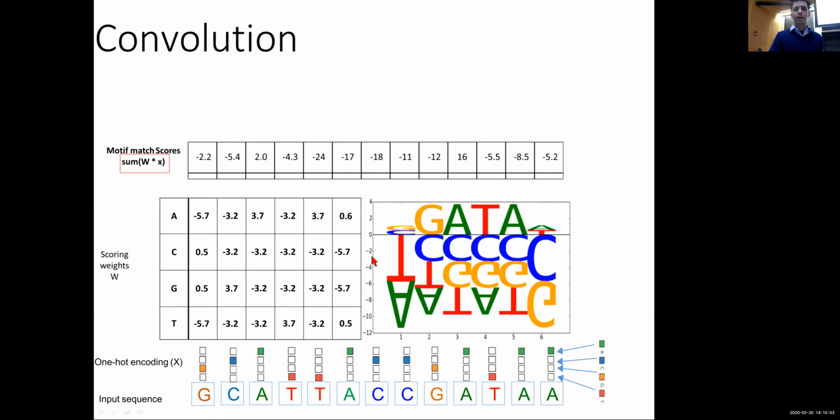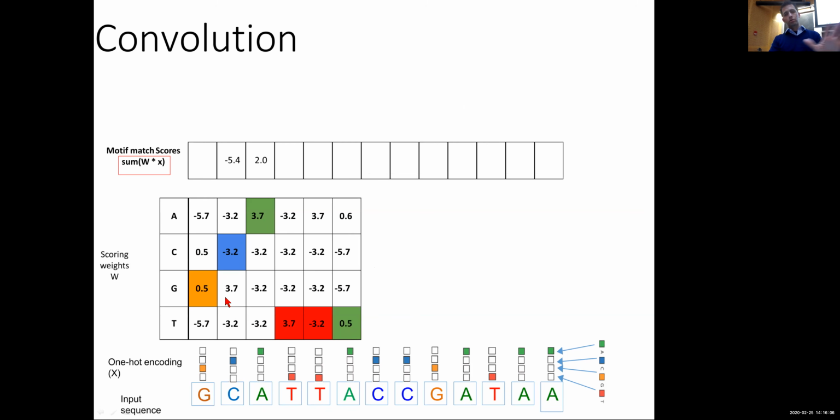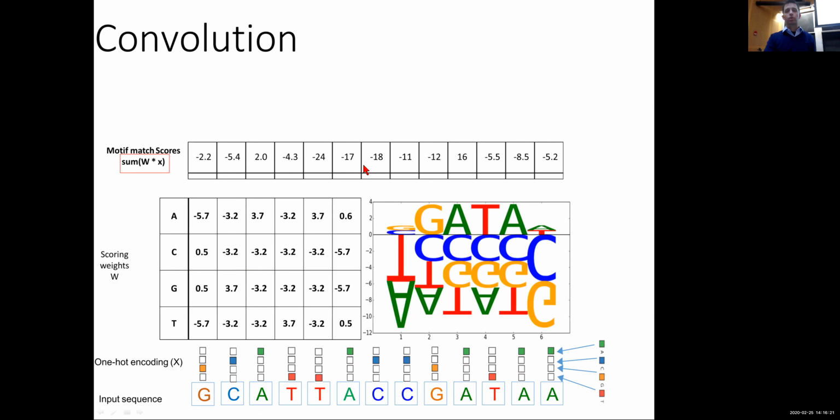And then as I scan my GATA sequence using this convolutional filter across these 4 vectors of one hot encoding of DNA sequence, at every single step, I'm basically doing a convolution of the 0-1 sequence with the position-specific scoring matrix, and I'm getting a single number as a score.